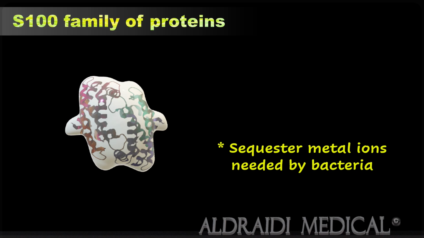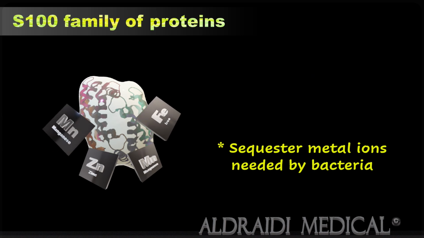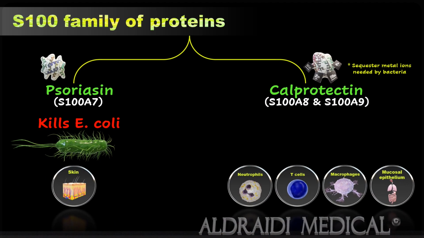It can sequester zinc and manganese from microbes and also sequester magnesium and iron required by microorganisms, and exerts an antimicrobial effect at the site of its production. In contrast to psoriasin, which kills E. coli, the related protein calprotectin kills Staph aureus but not E. coli, and that demonstrates the specificity of AMPs to certain pathogens.